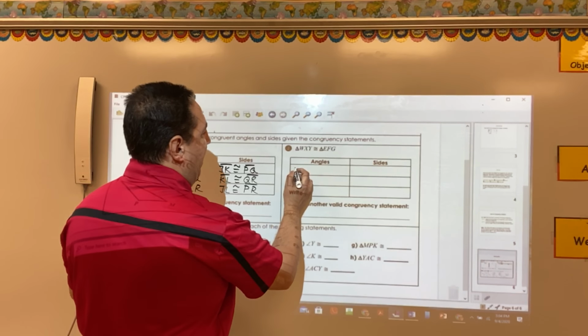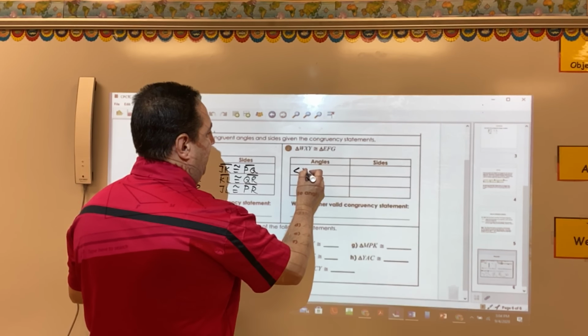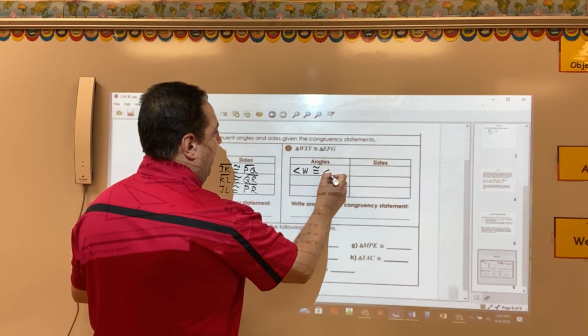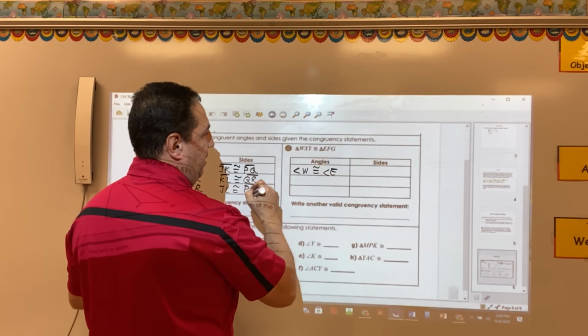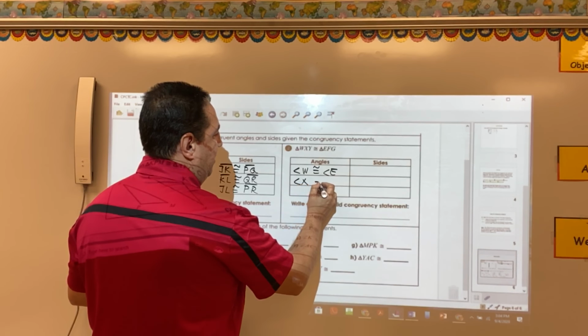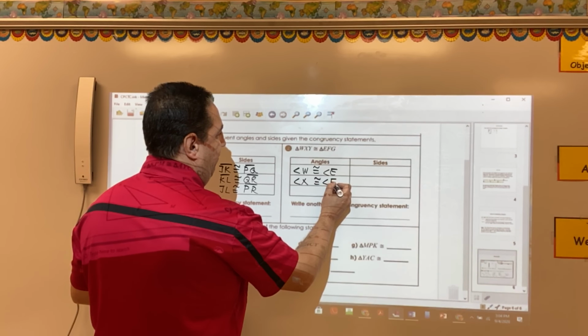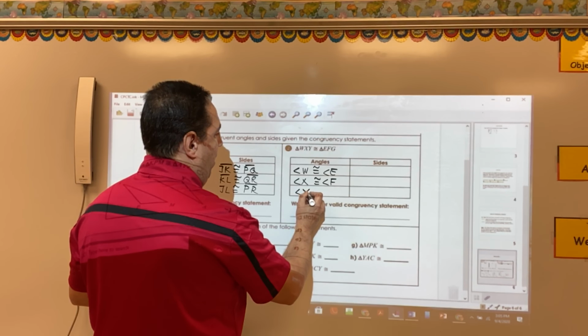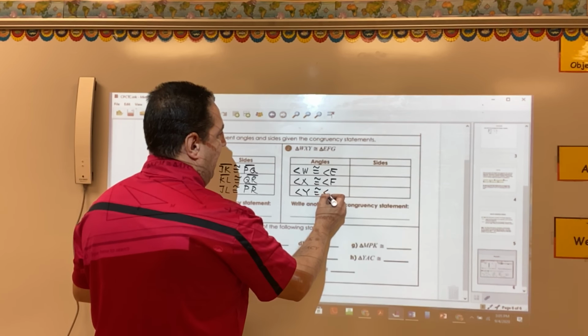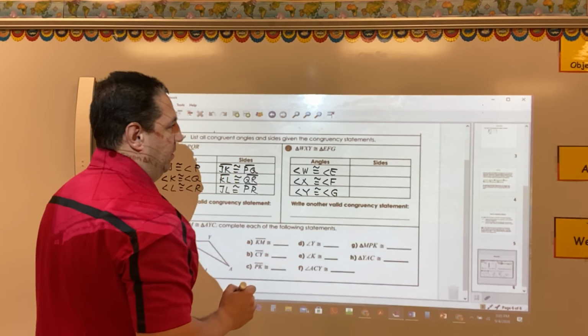So, for angles, angle W congruent angle E. Yeah? W and E are corresponding. Then, angle X congruent angle F. Yeah? X and F are corresponding. Angle Y congruent angle G. Yeah?